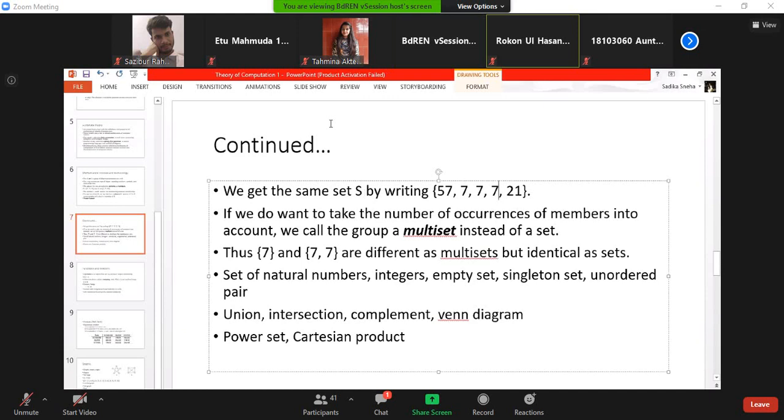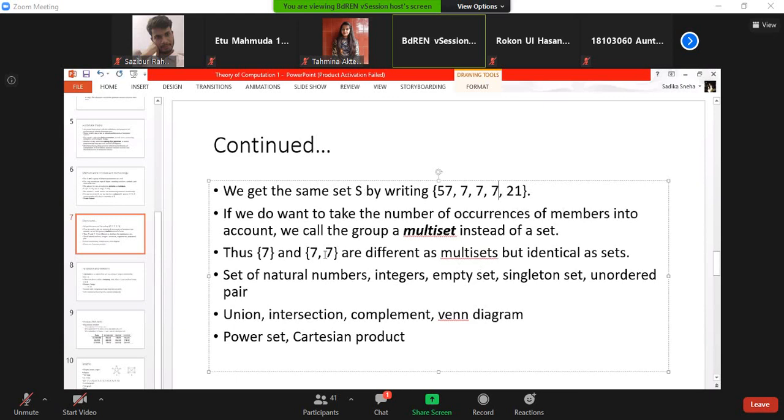So if we want to take the number of occurrences of the members into account, as it says in the next line, we call the group a multi-set instead of a set. Thus, these are different as multi-sets but identical as sets.